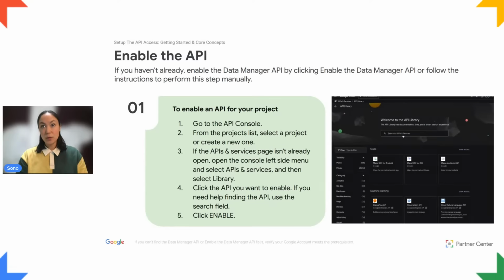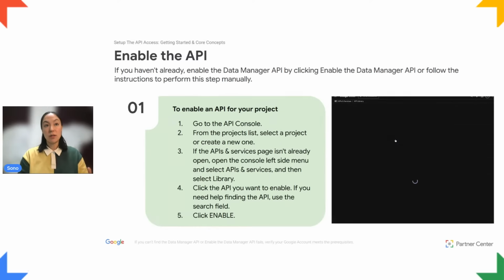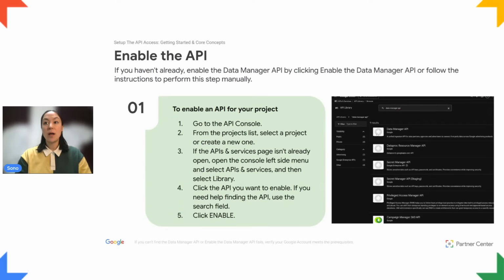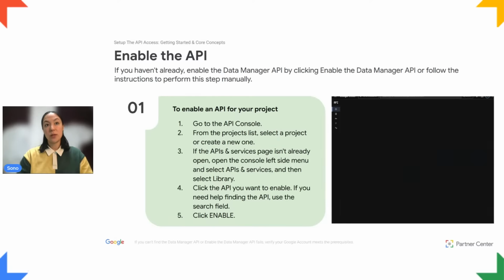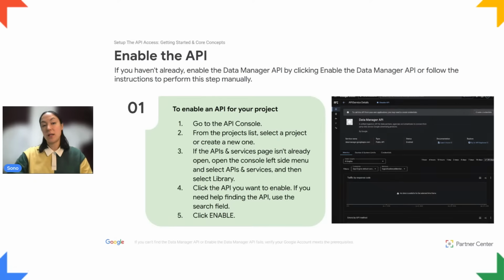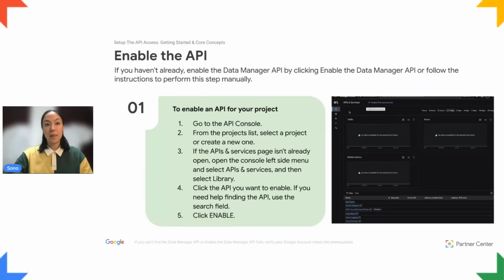Just a simple note here: the process of enabling an API, generally speaking, varies. It sometimes can differ from the Data Manager API to the Google Ads API. Sometimes you would need more information to enable it. But for this, it should be quite simple. It's just a toggle on or just a button click.